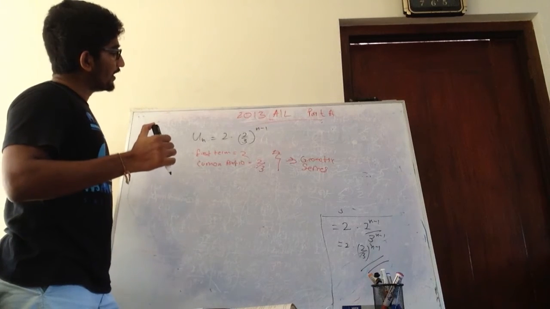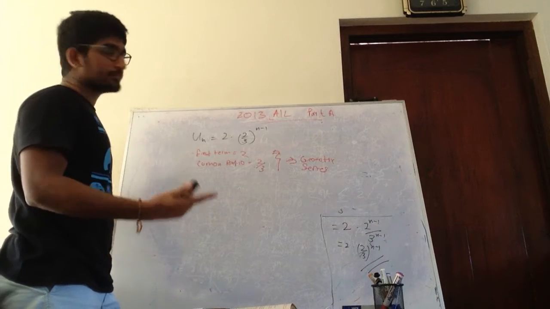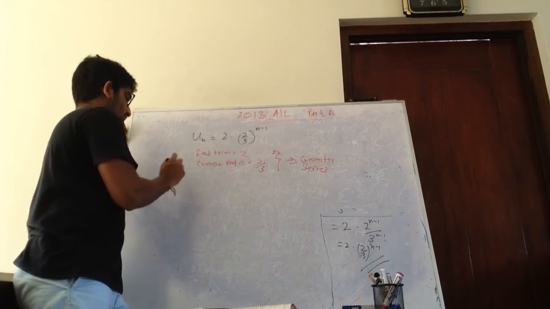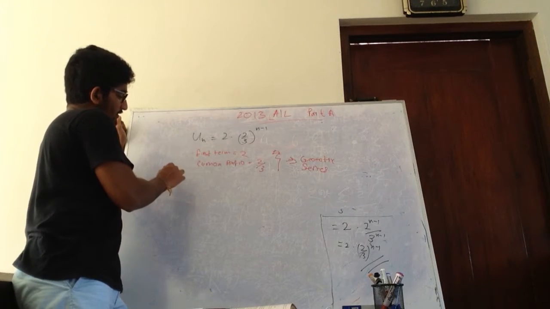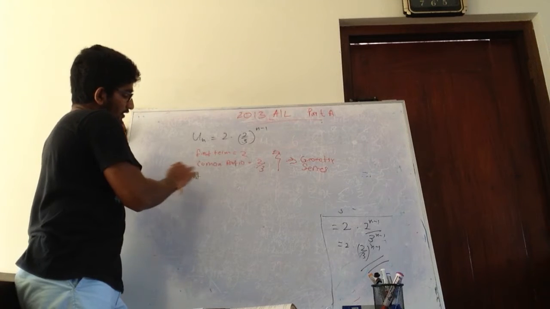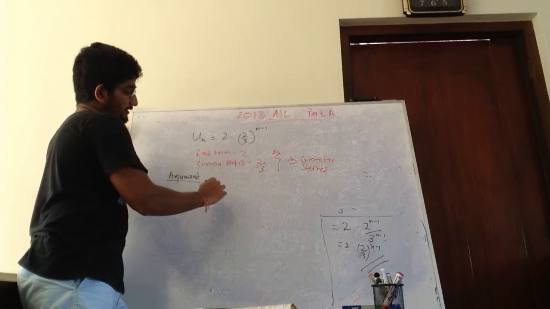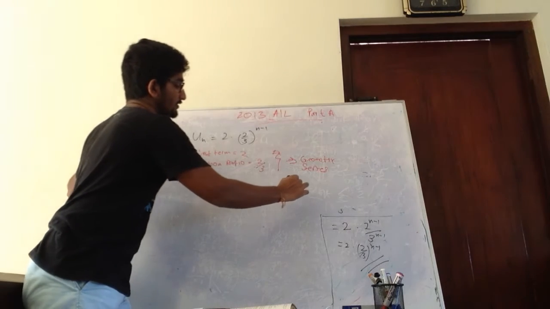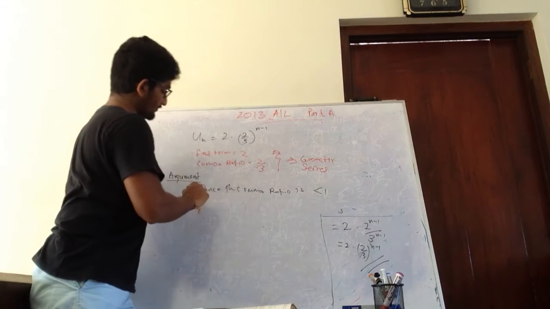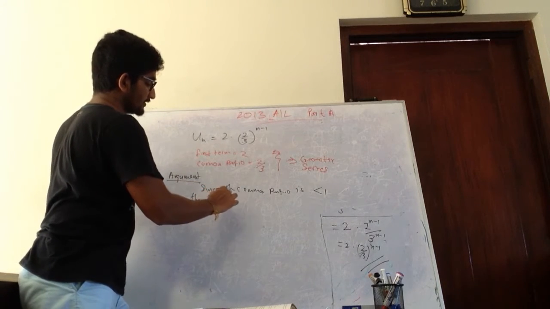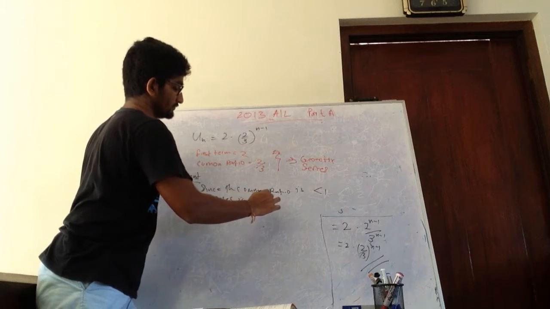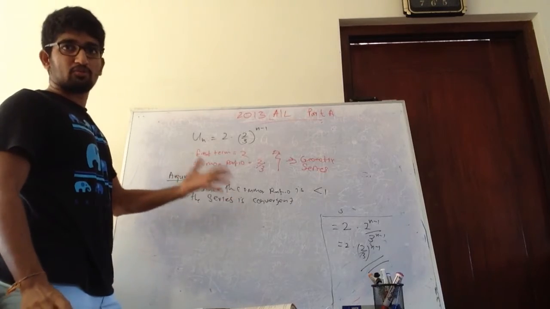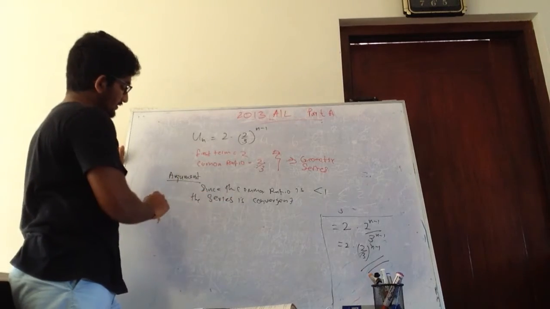So you can actually argue that because this common ratio is less than 1, the series is convergent. So you can actually finish the sum off like this, or you can use the normal way.